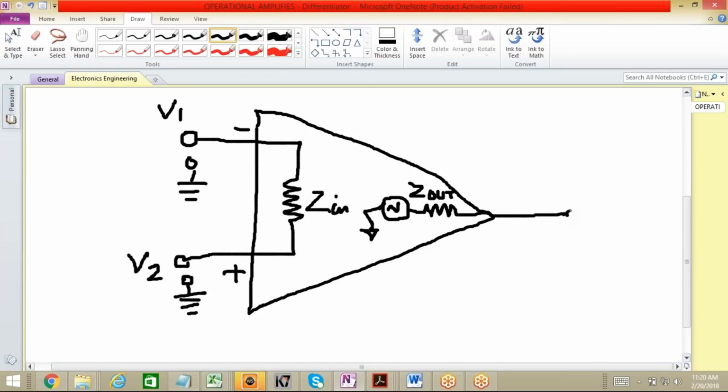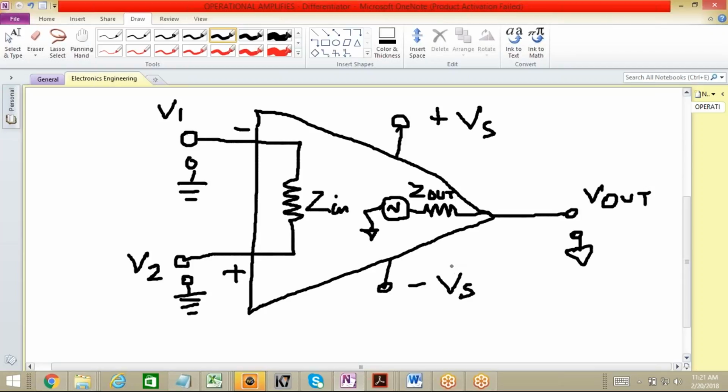And here we have V output, which can further be associated with the ground here. Fine. And then here also we have supply voltage, that is plus V supply and minus V supply. So this is how you can define an op-amp here.